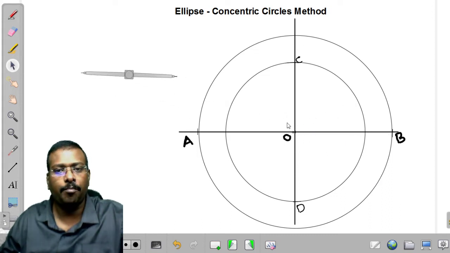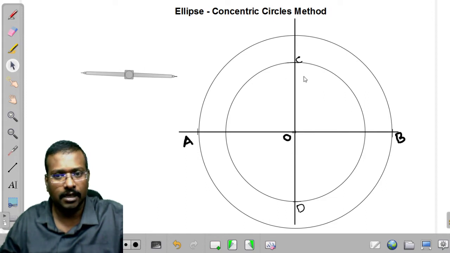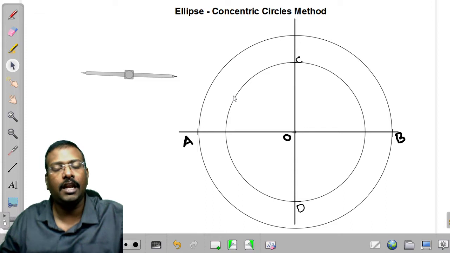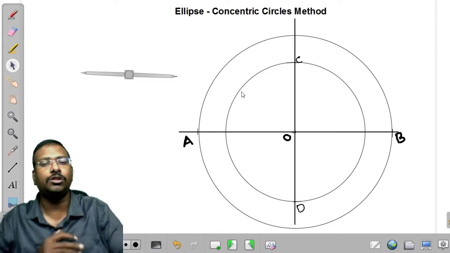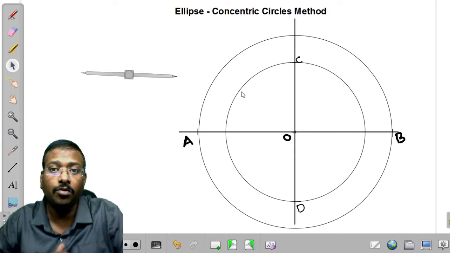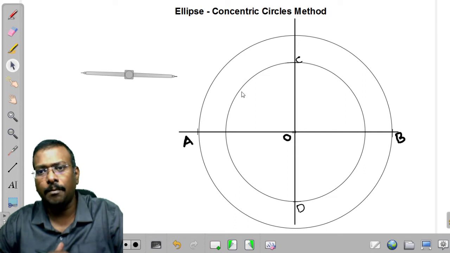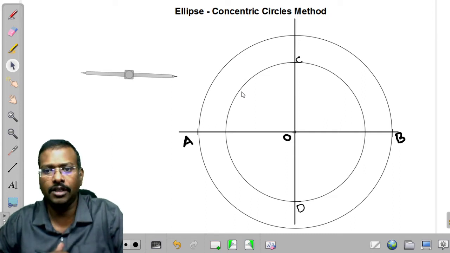After constructing the major and minor circles, divide either major circle or minor circle into a number of parts. In most of the books they mention divide them into equal number of parts, that is 12. It is not compulsory to be 12. Even if it is less, we can get the shape.